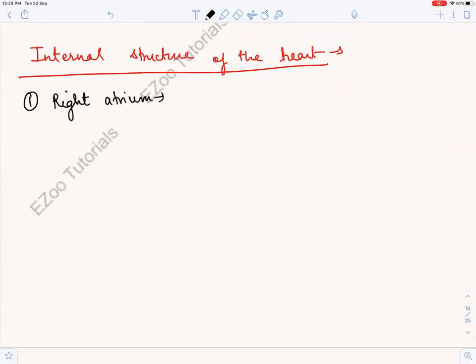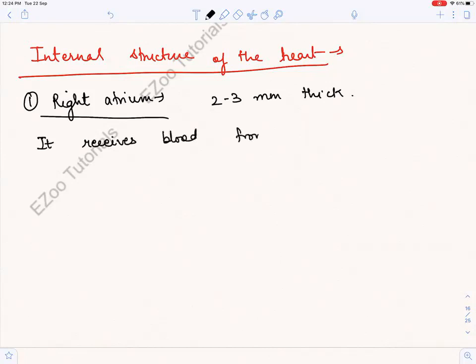It is around 2 to 3 millimeters in thickness, and it is receiving blood from three places. What are the three places it receives blood from? Three veins, right?